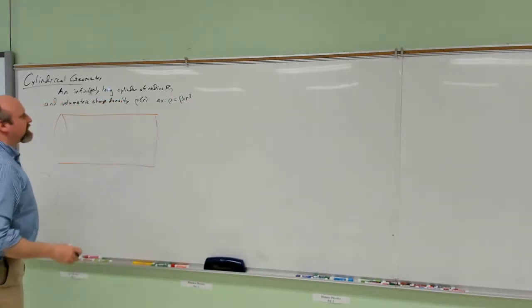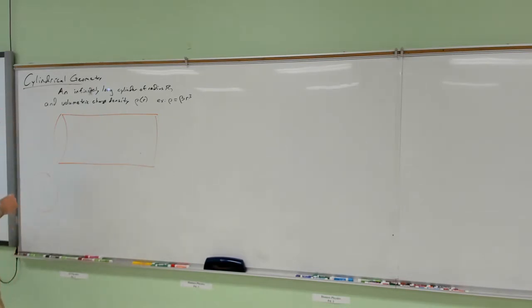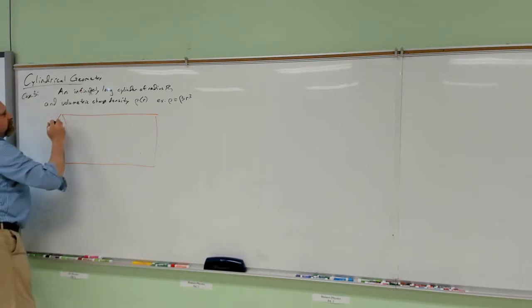So it gets more densely packed as r gets bigger, as we head to the surface. This is case 3 for cylinders. Okay, infinitely long cylinder, radius r, volumetric charge density rho.